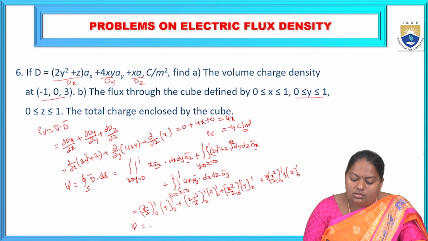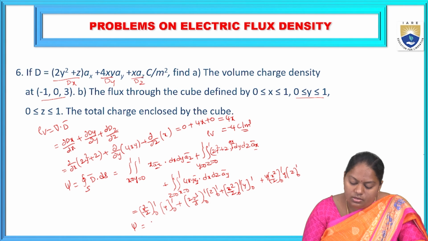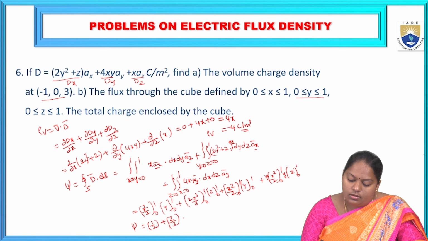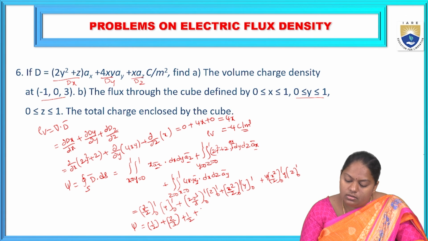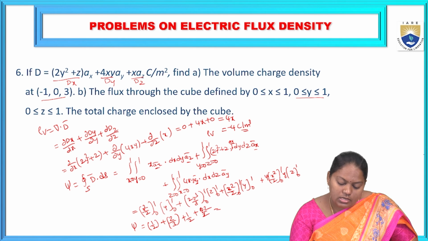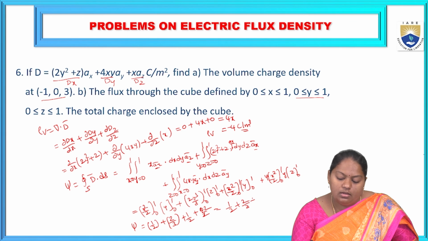Flux can be some finite amount, and it will be equal to 1 by 2, then plus 2 by 3, then plus 1 by 2, then plus 4 by 2 into y as 1. By simplifying, 1 by 2 plus 2 by 3 plus 1 by 2 plus 2.